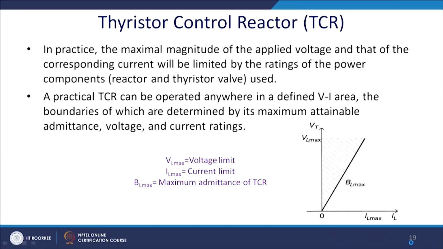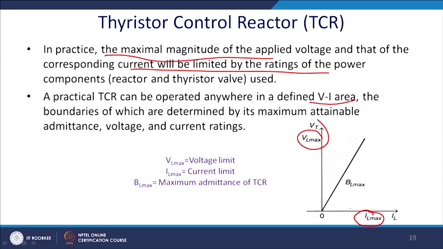So, what is thyristor control? In practice, the maximal magnitude of the applied voltage and the corresponding current is limited by the power handling capability of the devices. Current will be limited by the rating of the components, that is, the thyristor valve.